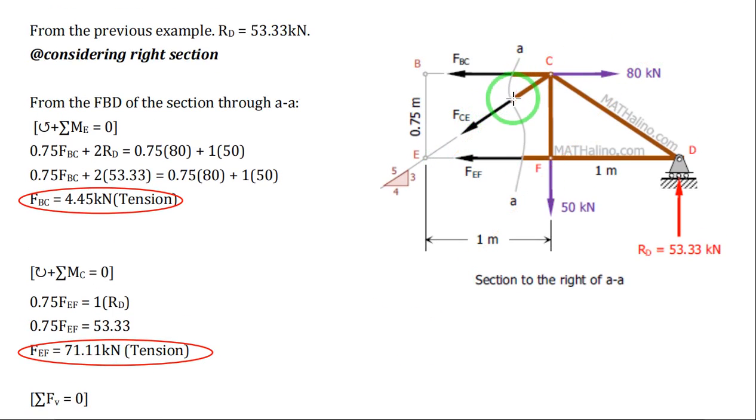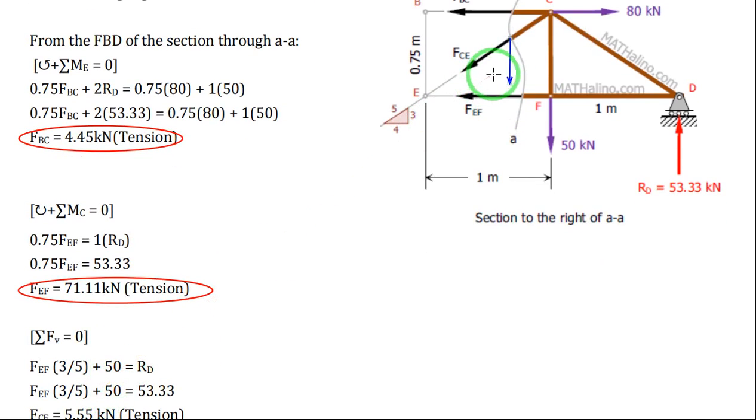Considering this member FCE, the vertical component of your member FCE is downward. Summation of forces vertical equals 0: you have FCE vertical plus 50 equals 53.33.